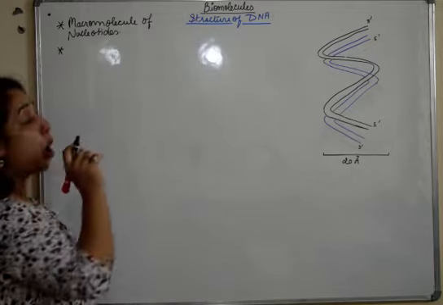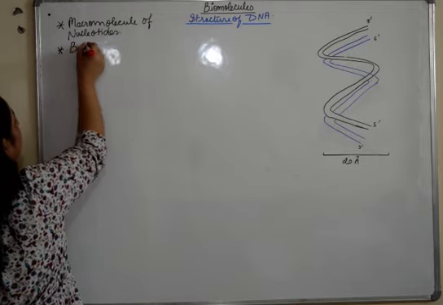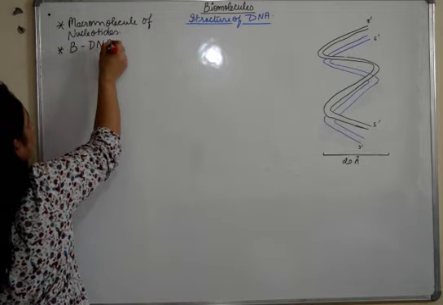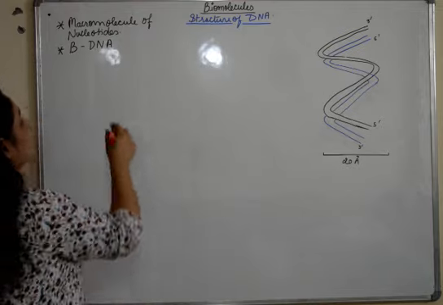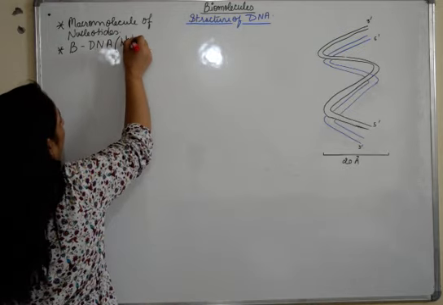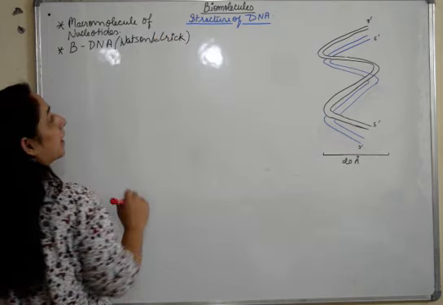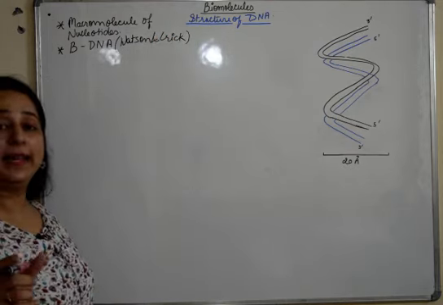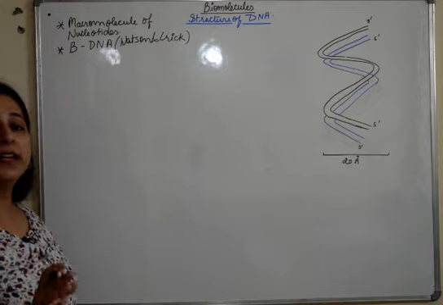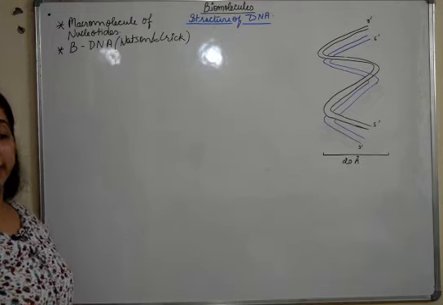The most common type of DNA is B-DNA, which we are going to discuss here, and it was given by Watson and Crick.